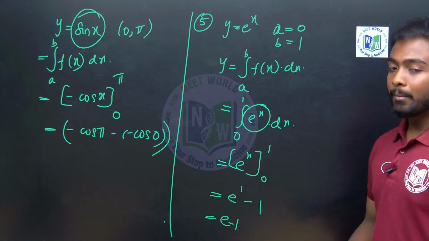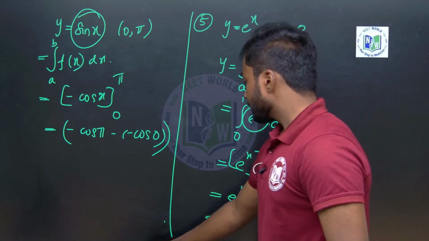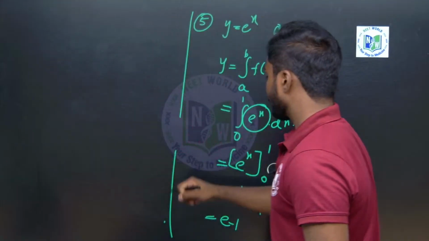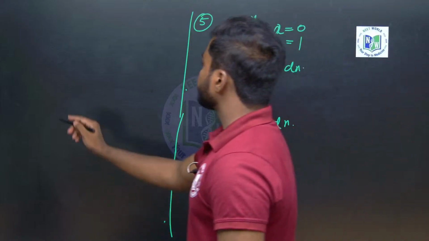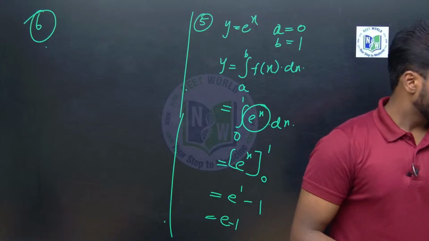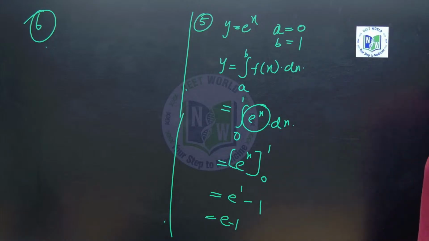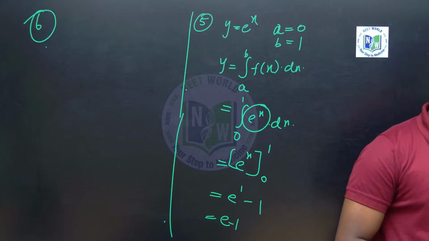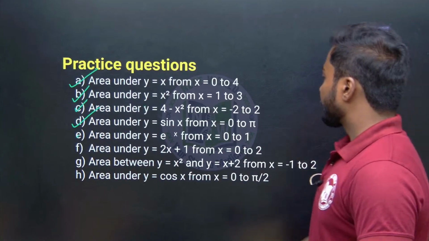So I will get e minus 1 as the answer. Okay. So the fifth question has been completed.